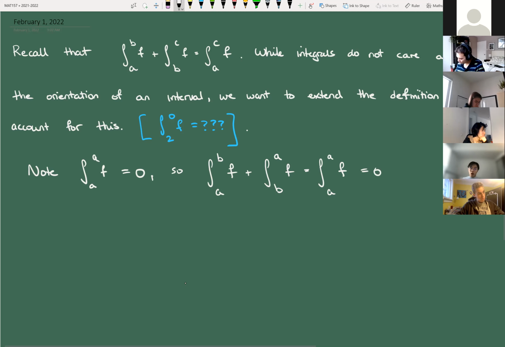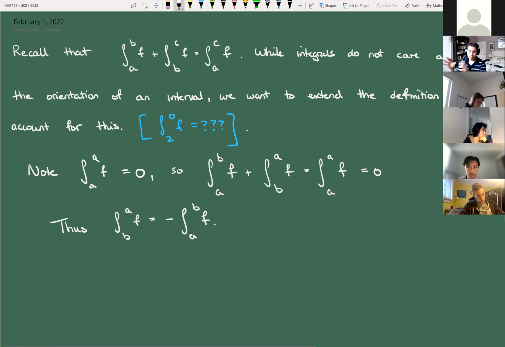And then we can solve for that second term. And that tells us that if we're going to flip those bounds, then we can do that just by introducing a minus sign to the non-flipped bounds.